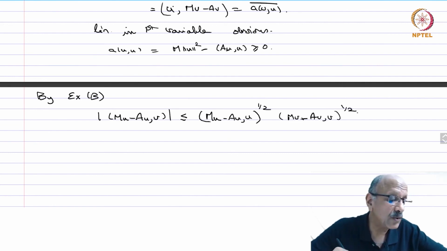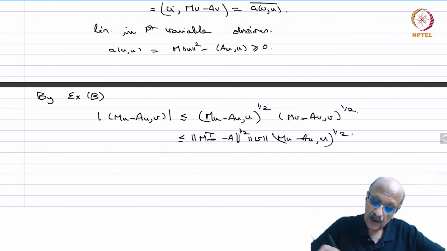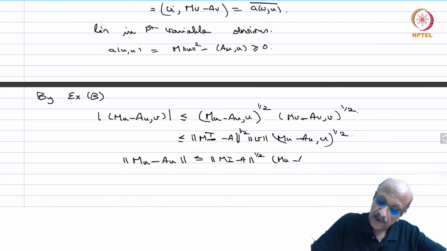That is less than or equal to norm of (MI minus A) to the power half into norm v into (Mu minus Au, u) to the power half. Therefore from this you get that norm of Mu minus Au is less than or equal to norm of (MI minus A) to the power half into (Mu minus Au, u) to the power half.